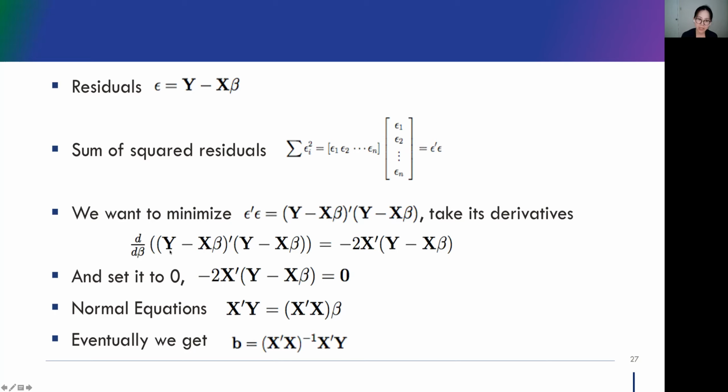You can write this as the multiplication of these two terms. Well, I'd better repeat it here, just in case you forgot. The prime of the whole thing equals taking the prime of each part. When you take the transpose of X beta, it will equal beta prime times X prime, right?